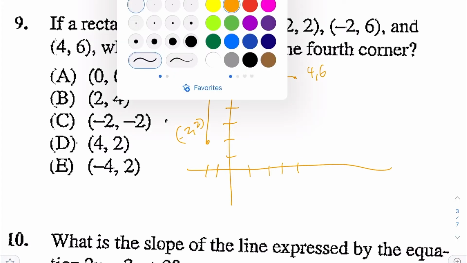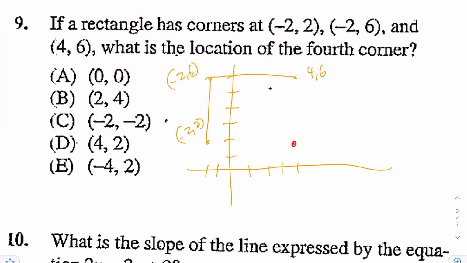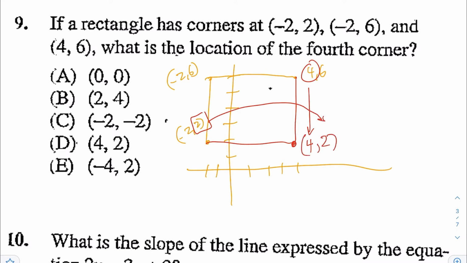So you can see that the other corner has to be down here to complete the rectangle. It must have the same x as that 4 comma 6 and the same y as negative 2 comma 2. So it has to be 4 comma 2, which is choice D.